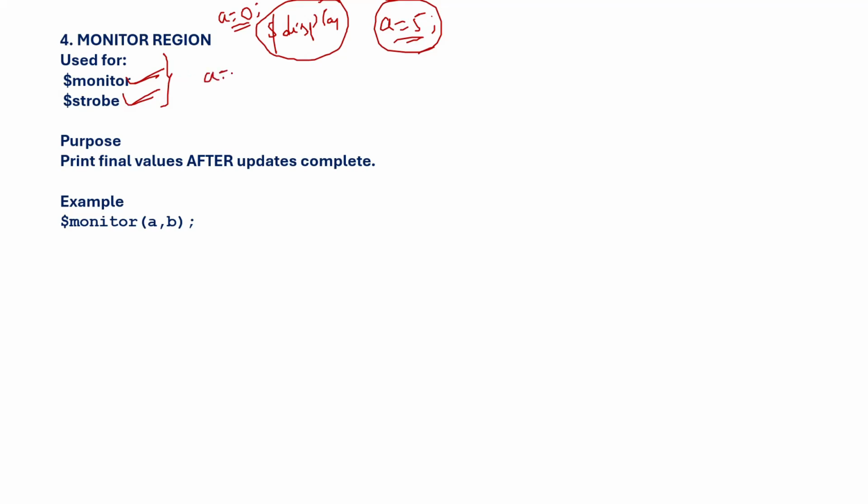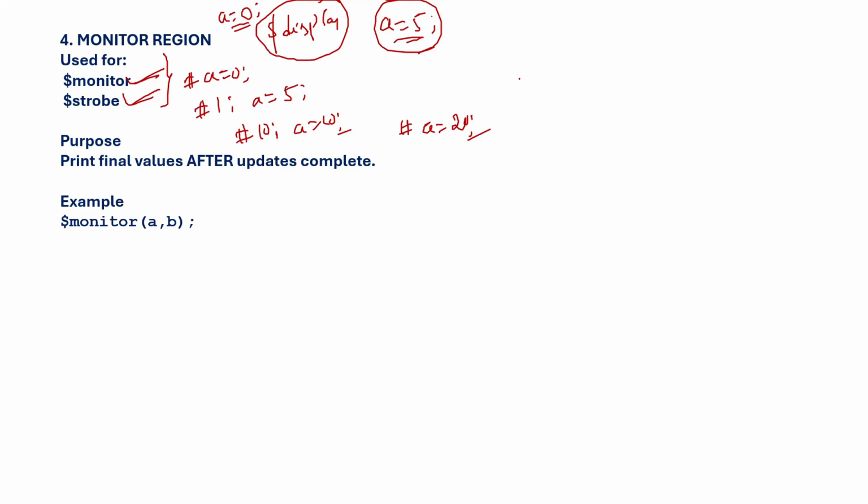Suppose a equal to 0, I have changed in the first delay. After that, after some delay, a equal to 5 I have changed, and then after some other delay, a equal to 10, and after some other delay, a equal to 20 I have given. In this way, I am assigning some values, right? That is the reason I need to monitor each and every change in my simulation time.